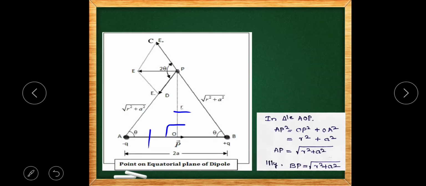Hence AP equals square root of r square plus a square. Similarly, BP also equals square root of r square plus a square.